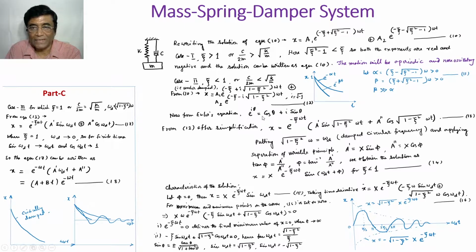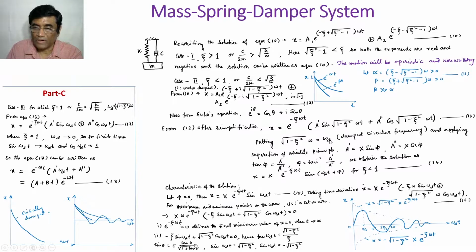Okay, e to the power I theta equals cos theta plus I sin theta, Euler equation. Theta here is root over of 1 minus zeta square times omega t. If you put it here, do some exercise, and after simplification you will get the general solution. Okay.